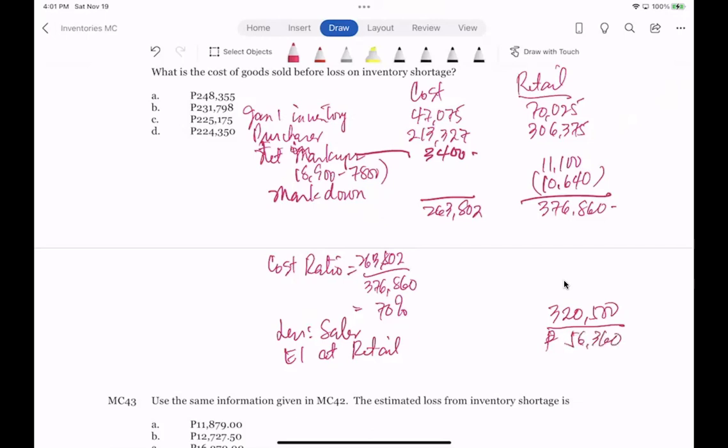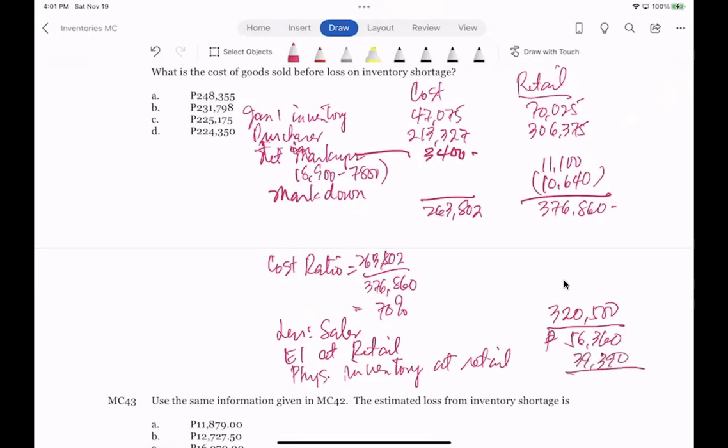Your physical inventory at retail is 39,390.